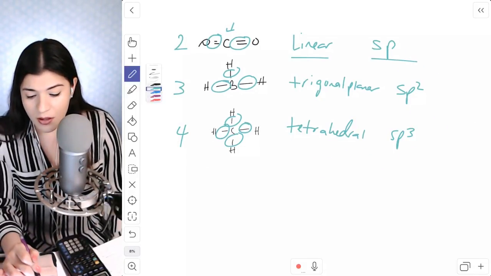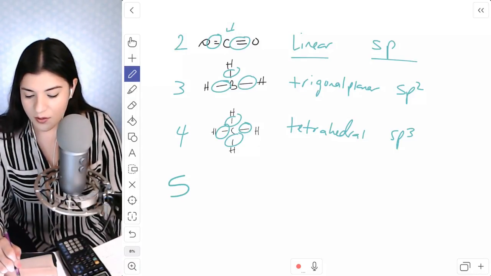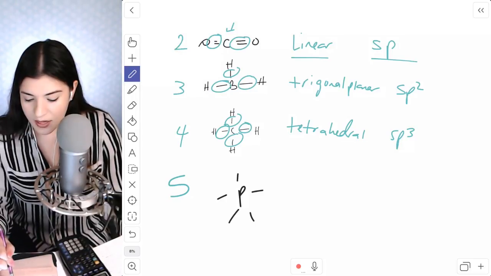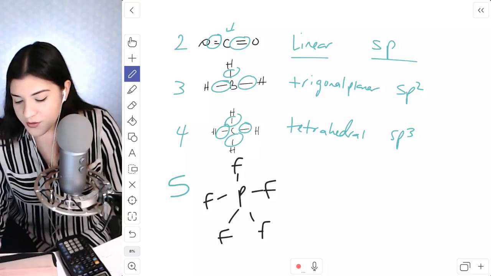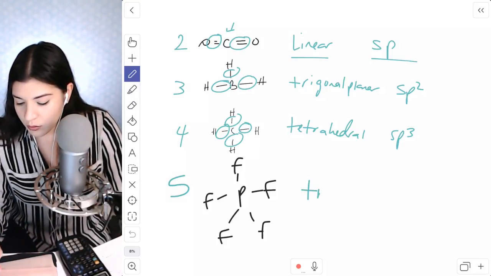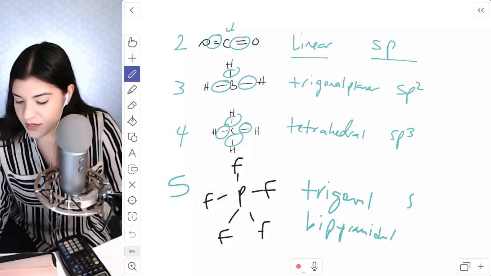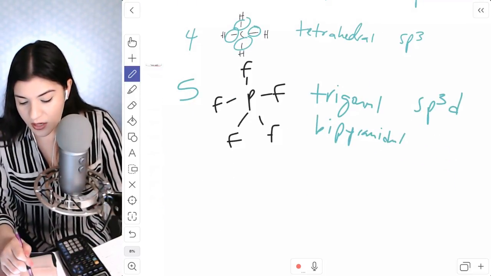And so on. If it were 5, with let's say a bunch of fluorines, this would be trigonal bipyramidal, and that's going to be sp3d. And lastly, octahedral is the last one.